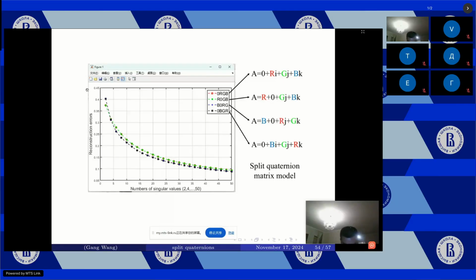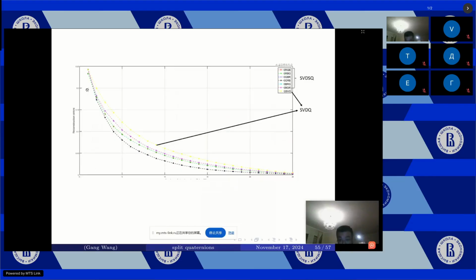The results exhibit certain regularities. When the real part of the i component of the split quaternion matrix is set to 0, the reconstruction results are identical.